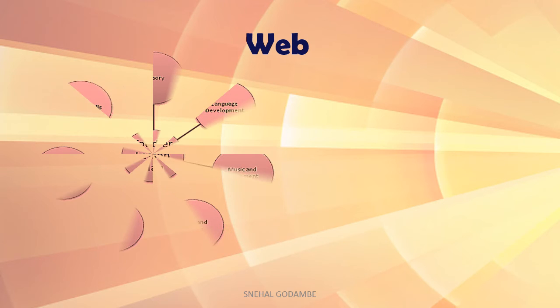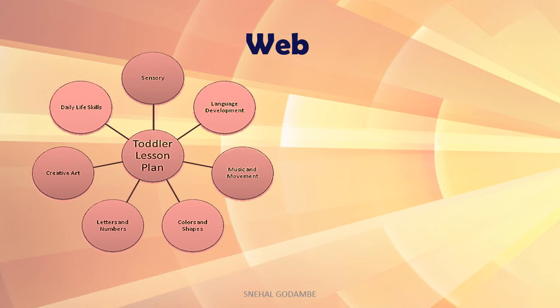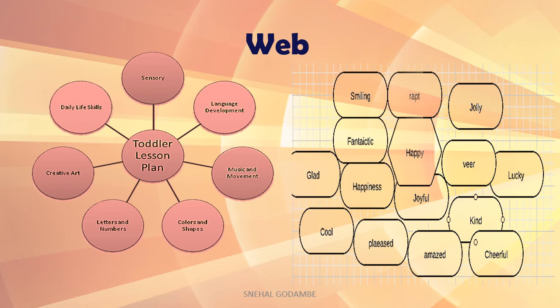And the next one is wave diagram. So in this form, look at it very carefully. If the question is to put the paragraph in wave form, then you can use this type of form.